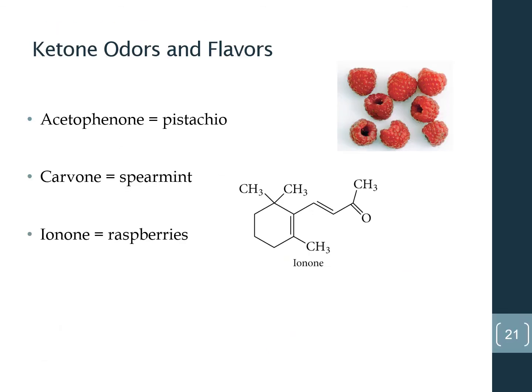These are just some other examples. So you have one ketone, one ketone, one ketone. These ones are ketones with aromatic parts, and they have odors, and some of them also have flavors.